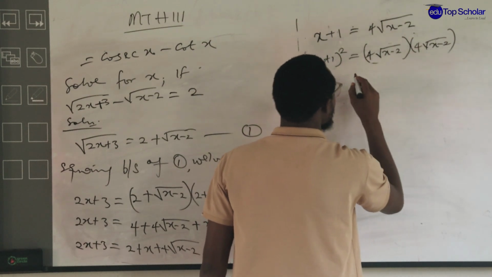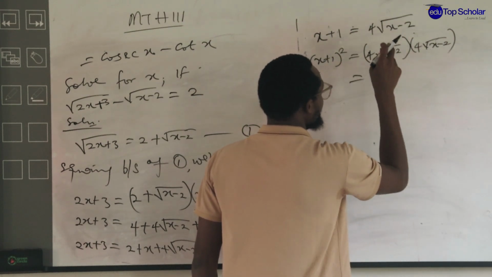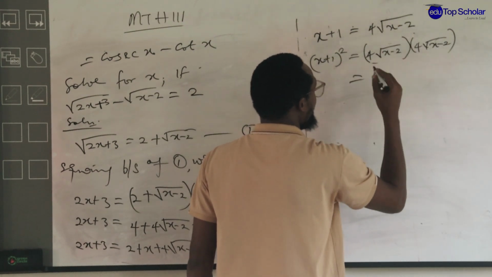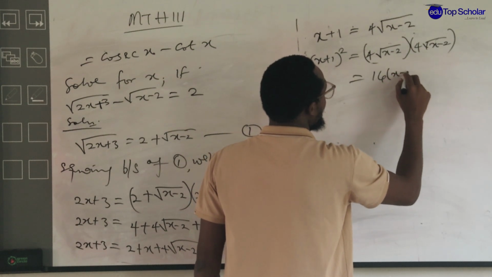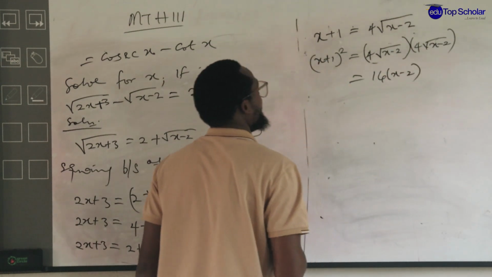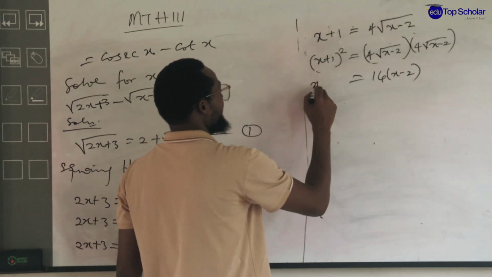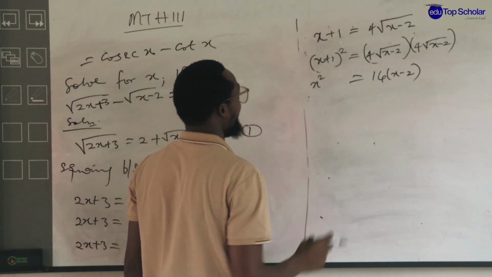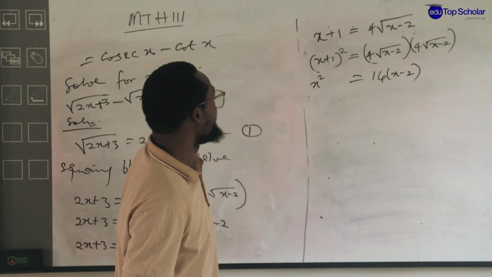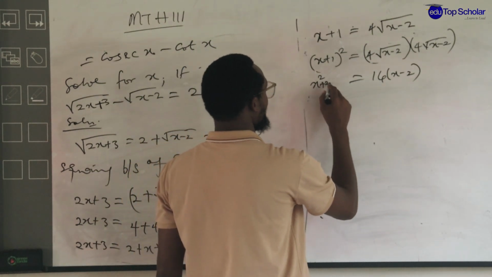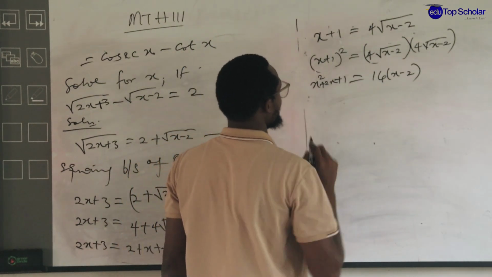So 4 by 4, we have 16. Root x minus 2 multiplied by root x minus 2, the root will go, and we are left with x minus 2. Squaring x plus 1, that will be x by x, which is x squared, x by 1, x, plus 1 by x, that is plus 2x, plus 1.